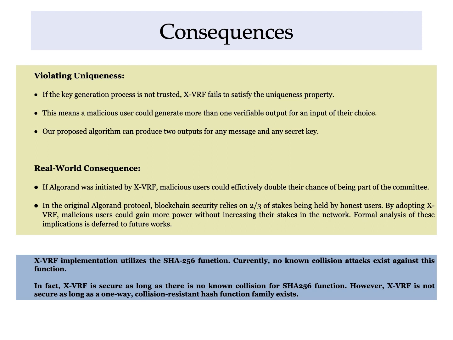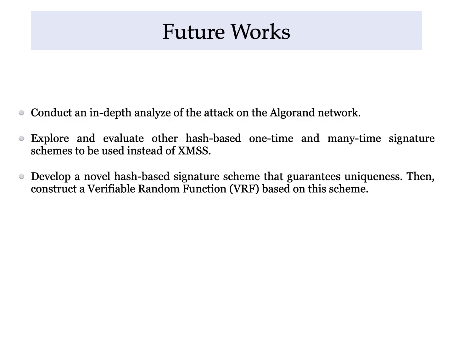But what we showed was that X-VRF doesn't satisfy formal and provable security, even if we have a function family. In the real world, because we use SHA-256 and there is no known collision for it, we cannot readily calculate two outputs for a given input.